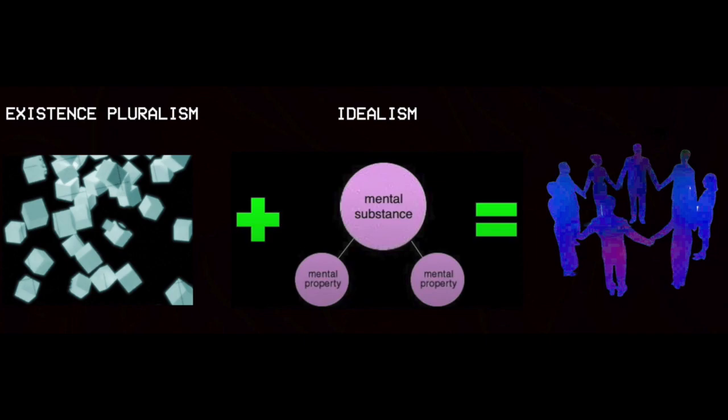This view has the advantage of dissolving the decombination problem, but, like existence monism, this view creates more problems than it dissolves. Humans and animals do not appear to be fundamental entities. They appear to have been born or otherwise created, and other entities seem to be prior to them, such as the cosmos.